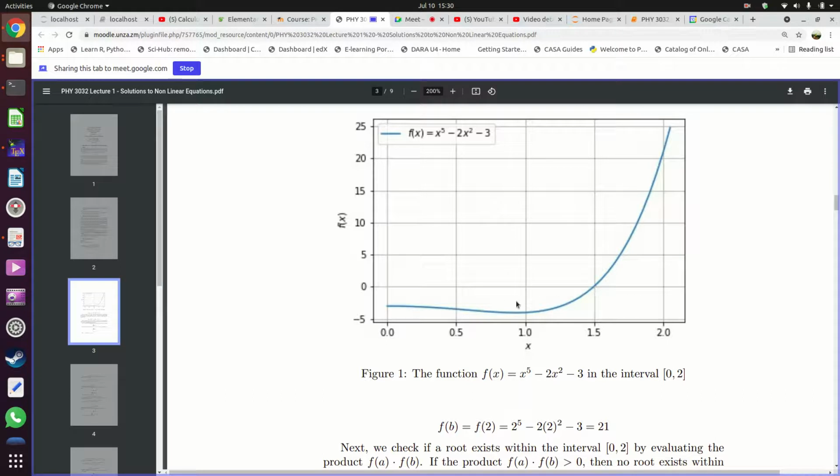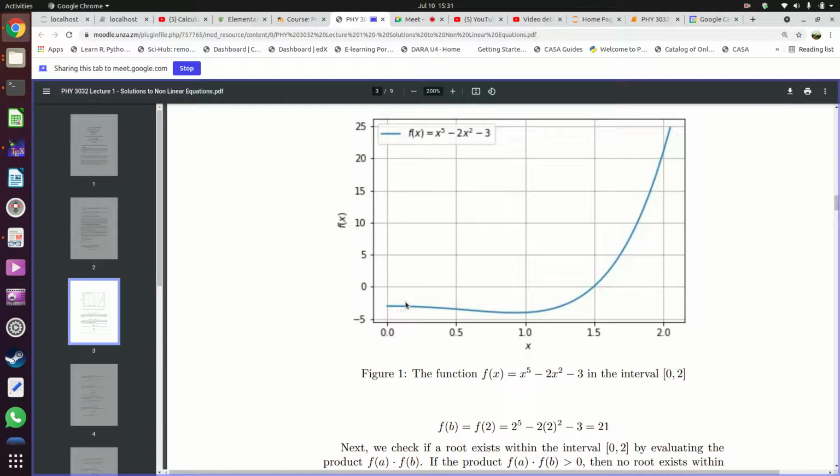If you look from 0 here, you can see that at any value of x, the value of f of x is negative because f of x is always below 0. Do you see that?